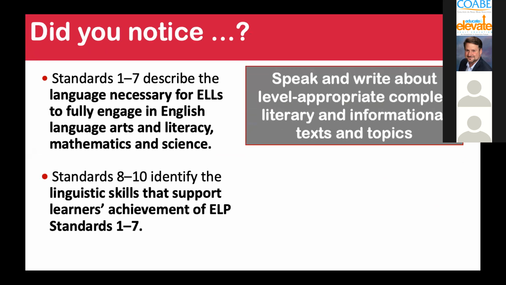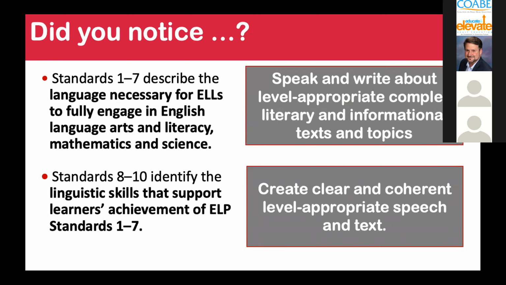Did you also notice that standards 8 through 10 identify the linguistic skills, the vocabulary, the understanding about construction, English language conventions, clarity, that support learners' achievement of the standards 1 through 7? So 8 through 10 support 1 through 7, and you'll probably find evidence for using 8 through 10 in any of your lessons, where 1 through 7 you might be a little more particular about.